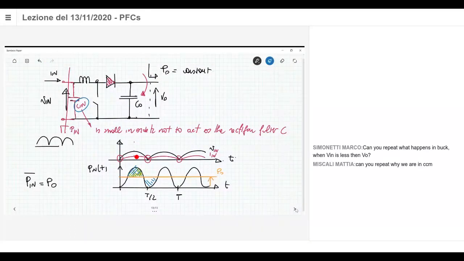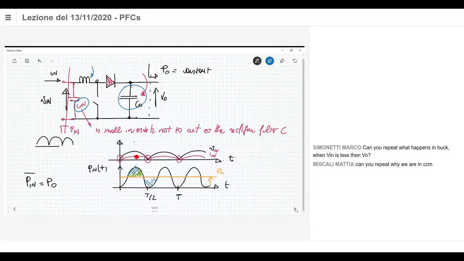You could store this energy in the inductance, but the inductance is designed for different purposes, meaning that the only element that can store this energy and release it alternately in a period is the output capacitor C naught.